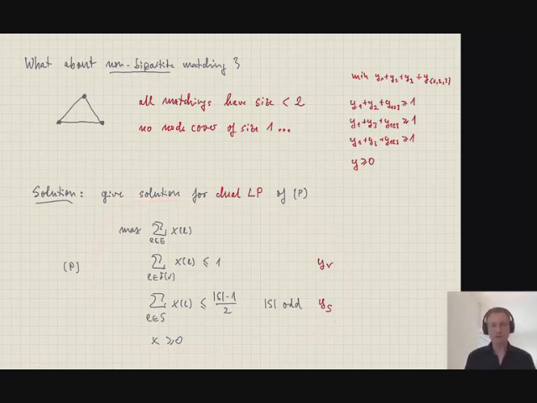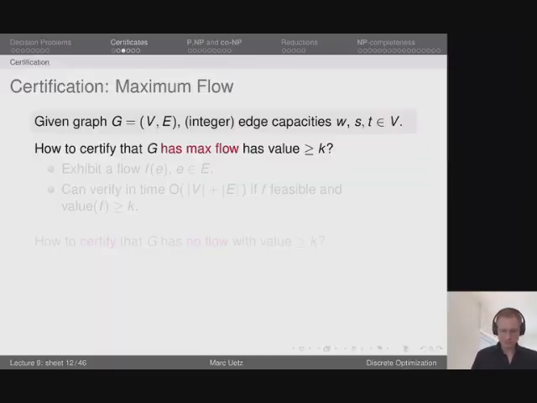And that's exactly what we have been looking for, namely the proof that there is no matching of size larger than 1. Okay, so that was a small side remark for the non-bipartite matching problem and certification of no instances.